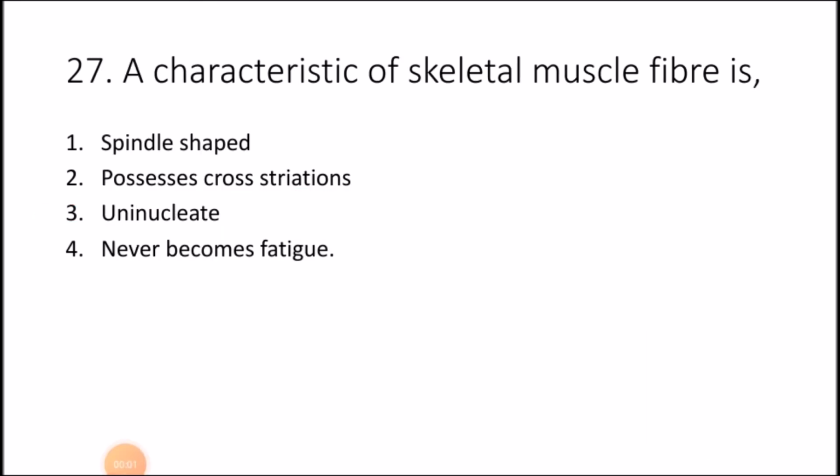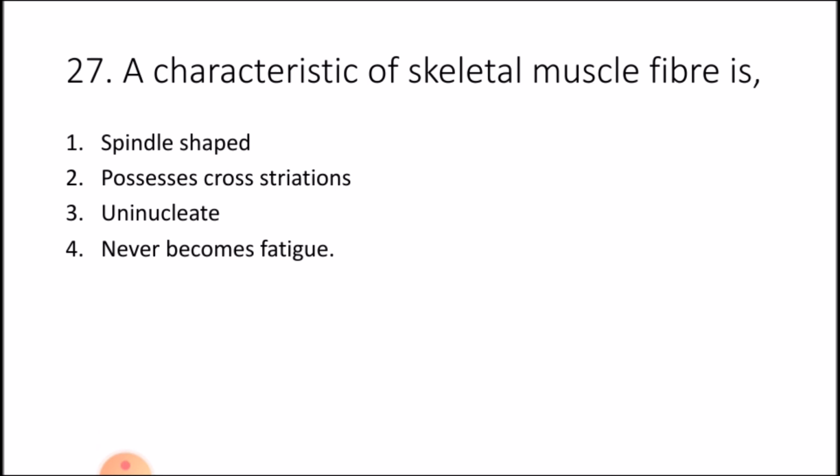Okay. Question number 27. A characteristic of skeletal muscle fiber is. So this is a really simple question. If you followed my last video, I showed some tabulated comparisons between skeletal muscles, smooth muscles, and cardiac muscles.